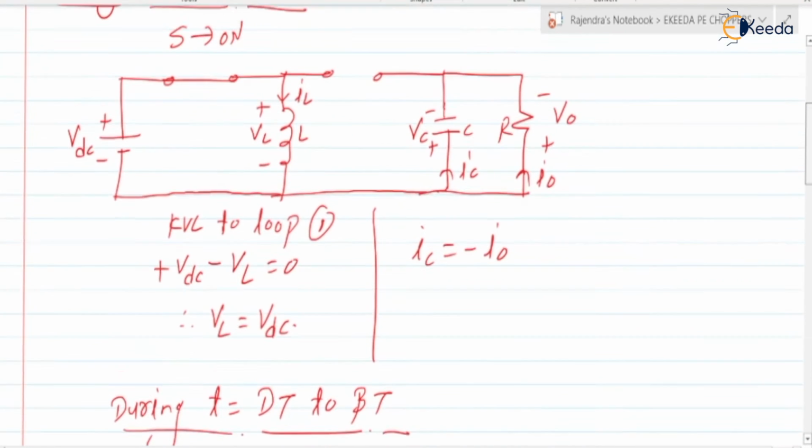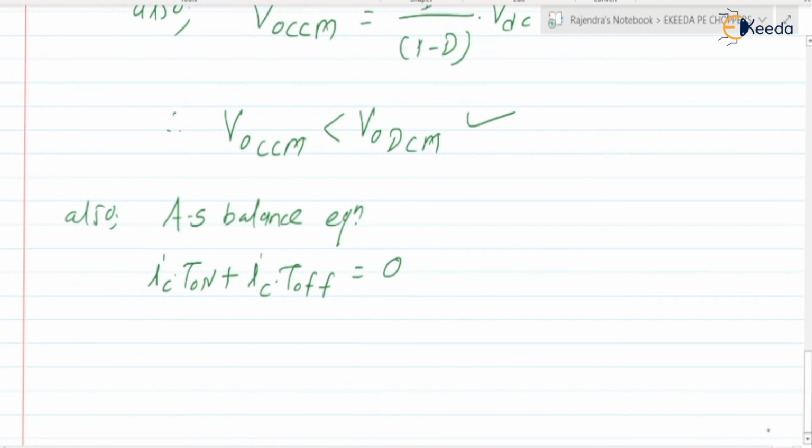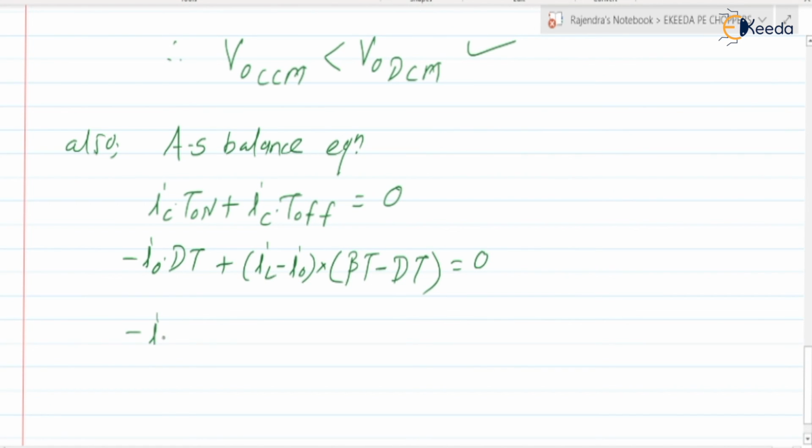IC during T on is equal to minus I0, so it is minus I0 into dt, plus IC during T off, which is IL minus I0 into T off. T off is beta T minus dt, equal to 0. So this can be written as minus I0 into dt plus IL minus I0 into beta minus d into t, equal to 0.